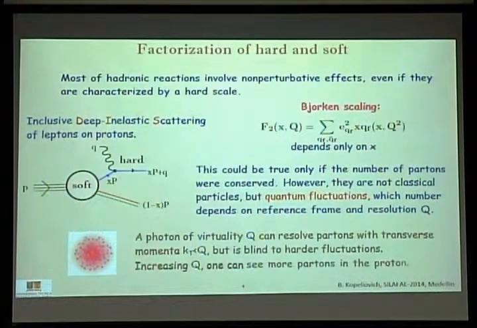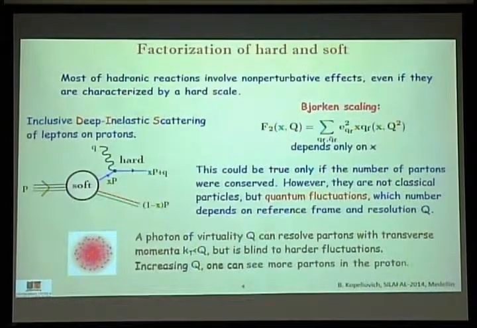So when you increase the photon virtuality, you increase your resolution, and you see more and more particles, partons, inside the proton. So the number which you can see at a given scale is fixed by your resolution, but when you increase it, you can look inside the partons which you have seen already and see more partons inside them.